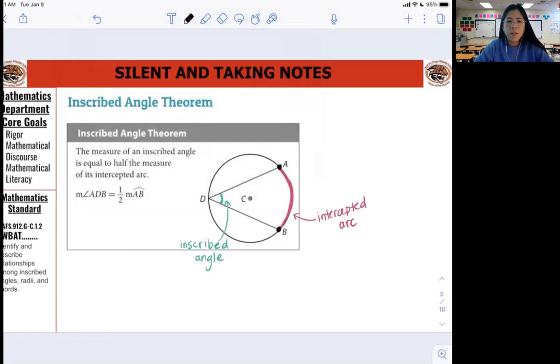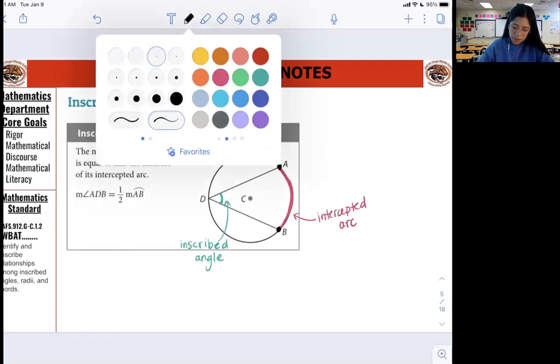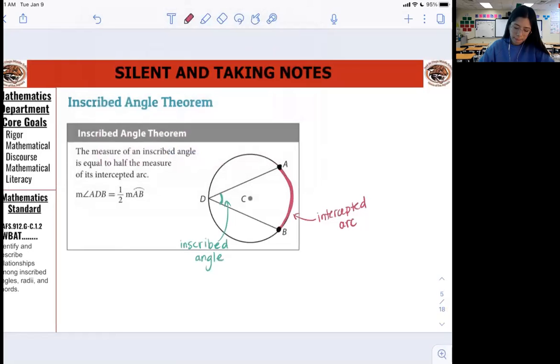Now, how do we know? This is interesting. How do I know that the intercepted arc is going to be twice the size of the inscribed angle?